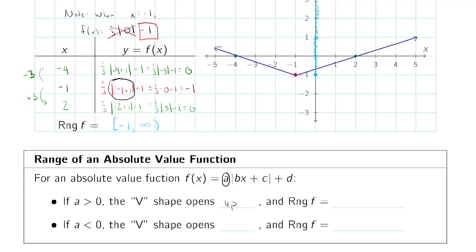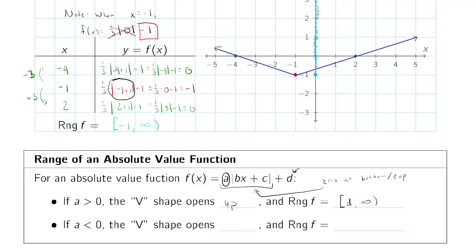And so the range, noting that this first term is always going to be 0 at the bottom of a V shape opening up or the top of a V shape opening down, the range is just this number and everything greater than it. So the range is just d to infinity.